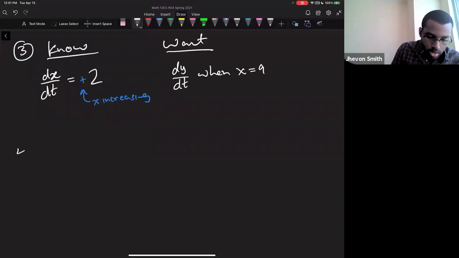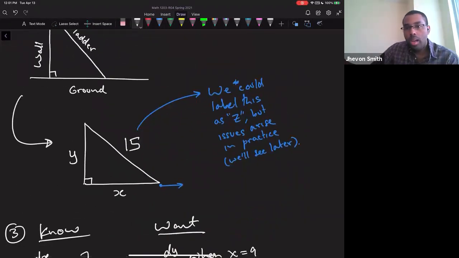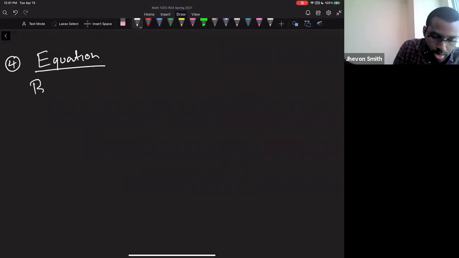Now we move on to step 4, which is to set up the equation. So you look at this diagram. What do you want the equation to be, knowing that your diagram gives you a right triangle and you have all the lengths of the sides? Pythagorean theorem, right? Drawing the picture and visualizing the situation helps you come up with the equation.